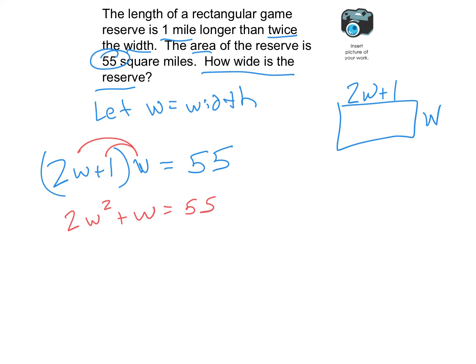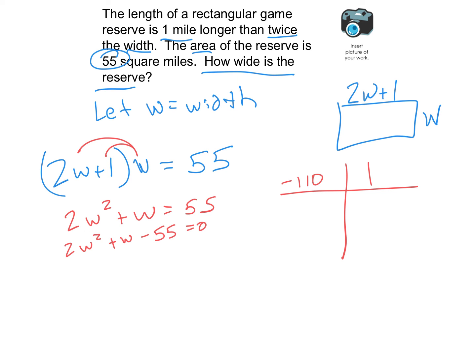I'm going to have to solve this, so I now have to factor first and then set them equal to 0. So 2w squared plus w minus 55 equals 0. I cannot factor anything out, so I'm going to have negative 55 times 2, which is negative 110, and I want that to multiply together to be positive 1.